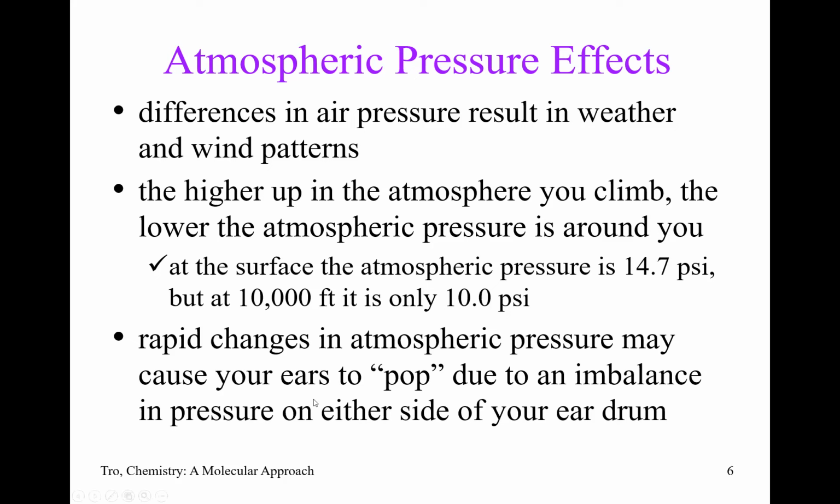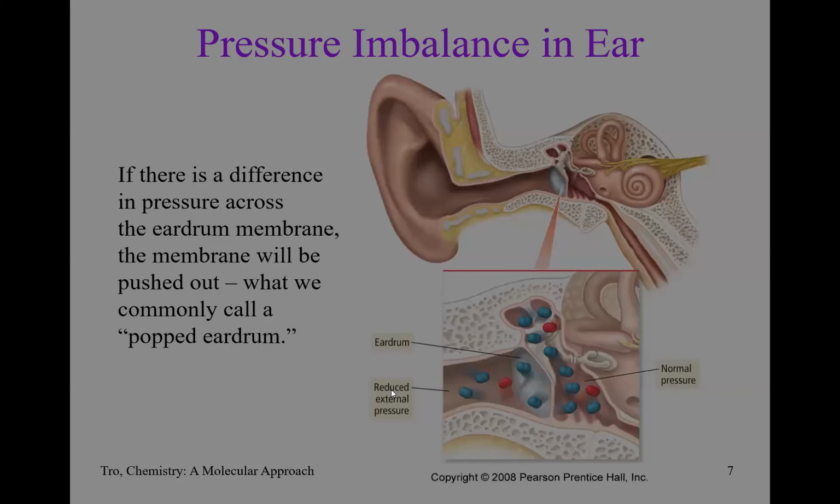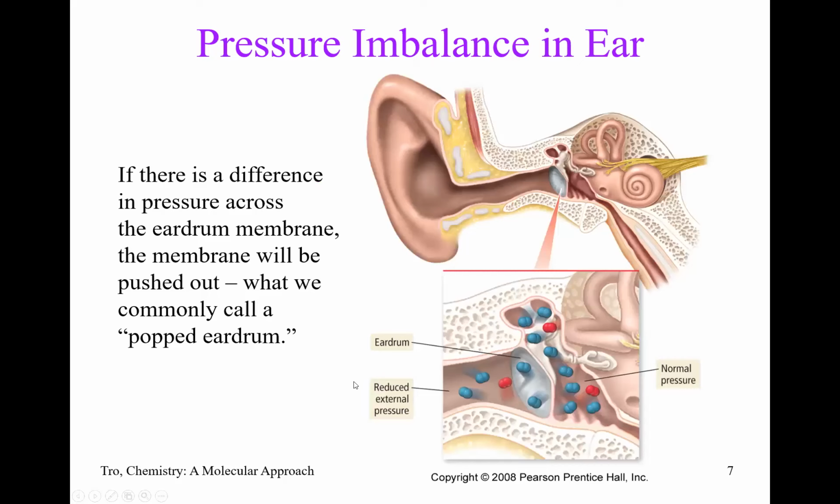You feel this when you go up and down, even in a car, if you go driving up and down a mountain. But I'd say in a plane, it's more dramatic. You notice that pop. And the reason for that, what we call popping, is what you see here. So this would be if you were going up in an airplane. It's showing the normal pressure by the number of gas molecules.